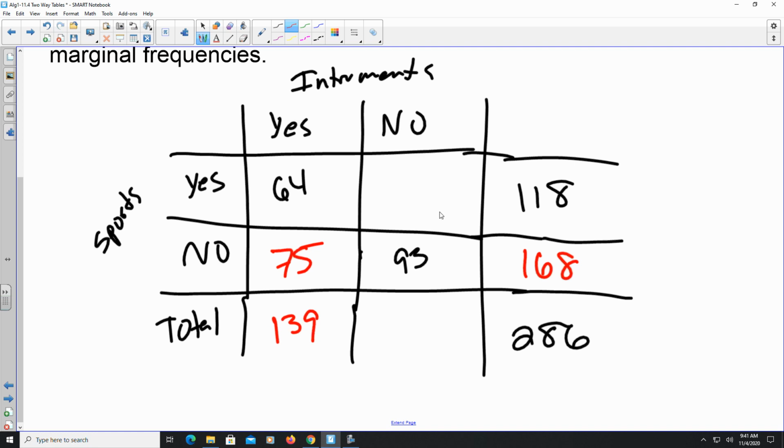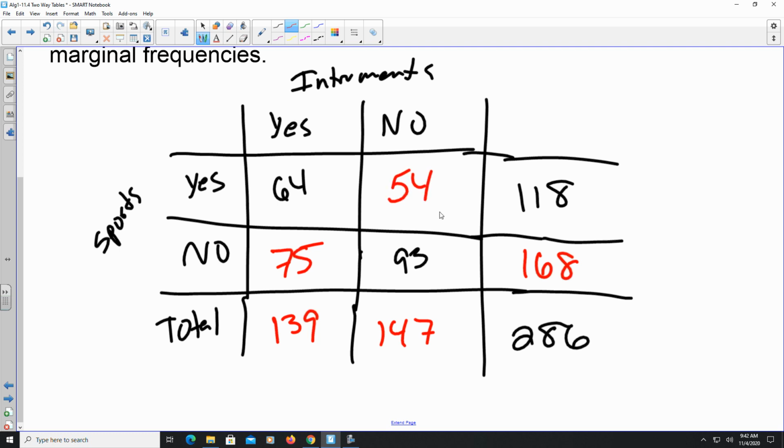Now I can determine the total surveyed on instruments, either yes or no, by taking 286 minus 139, and I can say that this is 147. Now that I know the 147, I can determine that yes, you play a sport but no, you don't play an instrument by taking 147 minus 93, and that gives you 54.